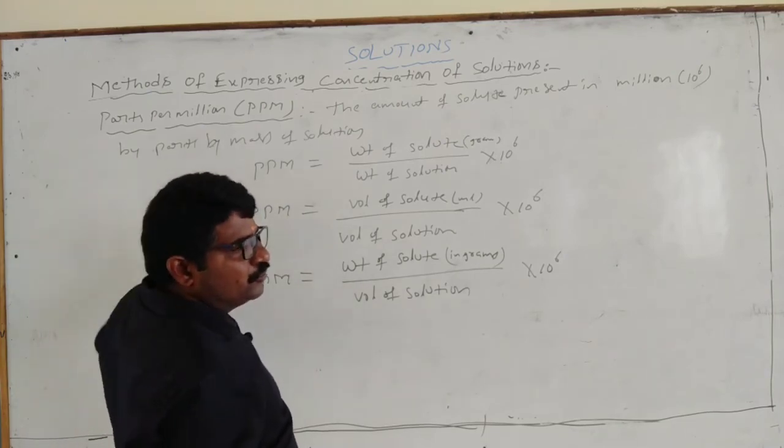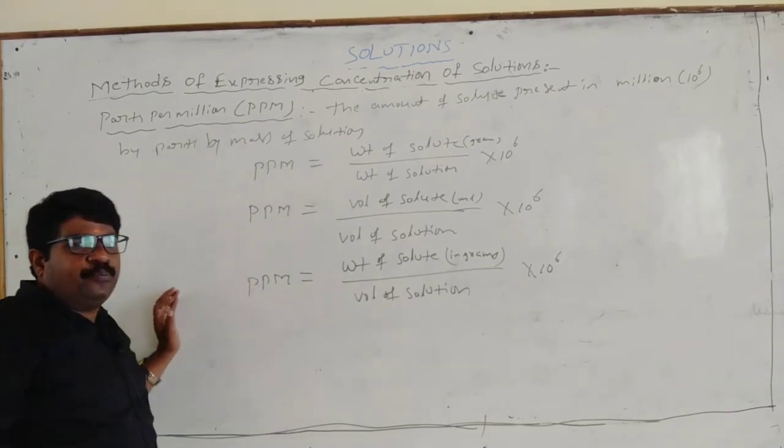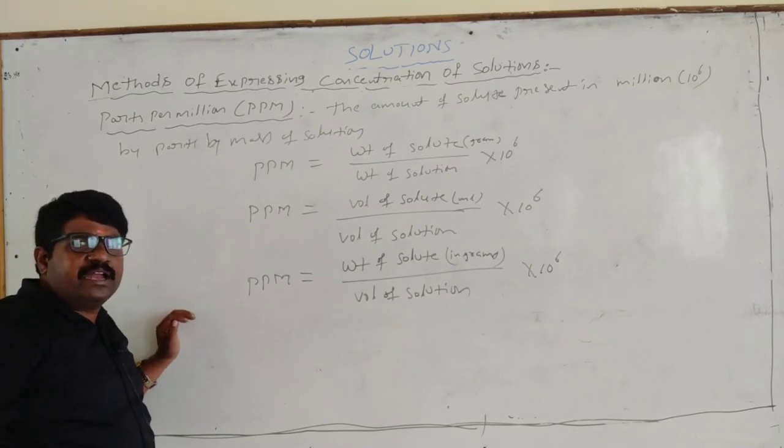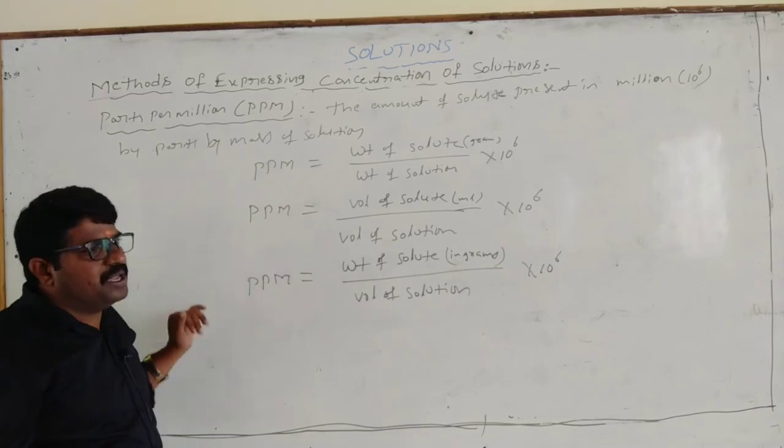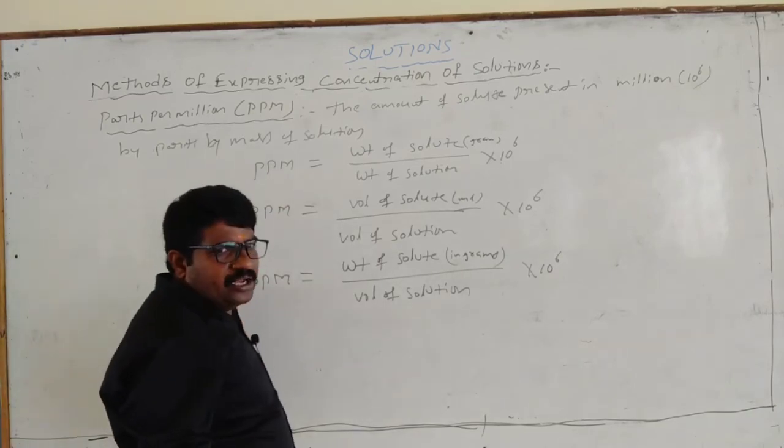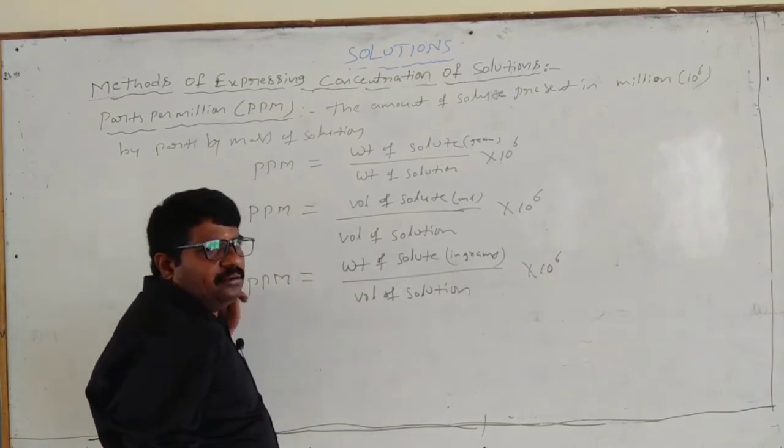Where do we use ppm? Generally for polluted water, pollutants in the atmosphere, or in solution, you have to express it in ppm. Drinking water generally contains below 500 ppm.